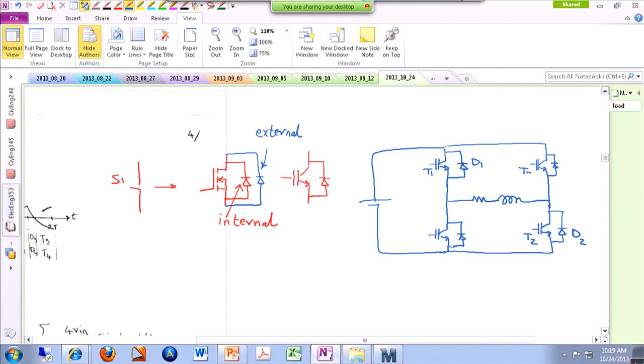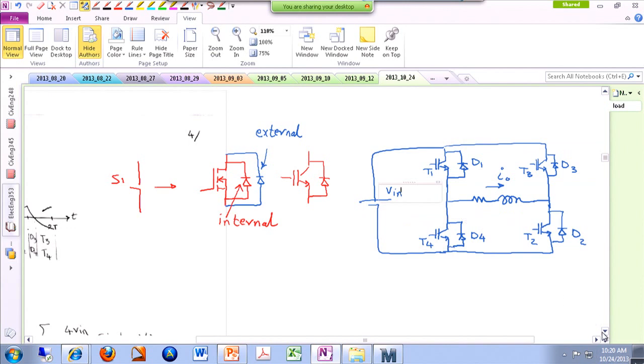T3, D3, T4, D4. Okay? So if you are curious about at what time which one of these components is conducting.